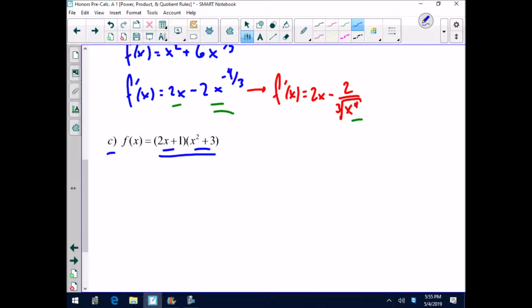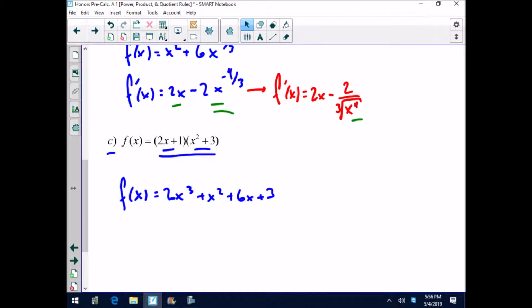And of course, what we can do here is multiply this out, right? So right here we can say f of x equals, and then if we multiply this out, we're going to get 2x cubed plus x squared plus 6x plus 3.